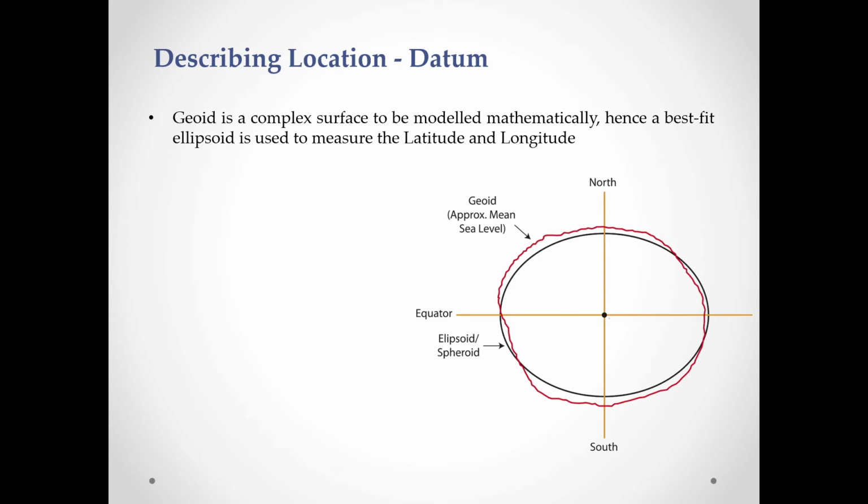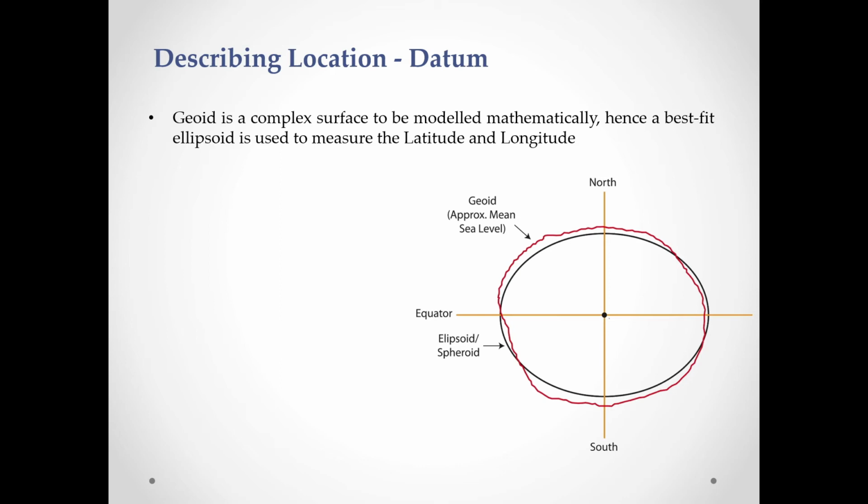Describing location, that is a datum. Geoid is a complex surface to be modeled mathematically, hence a best fit ellipsoid is used to measure the latitude and longitude. If you have to describe an irregular shape mathematically, it is very difficult.